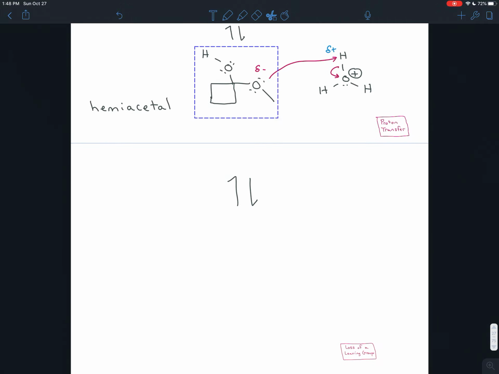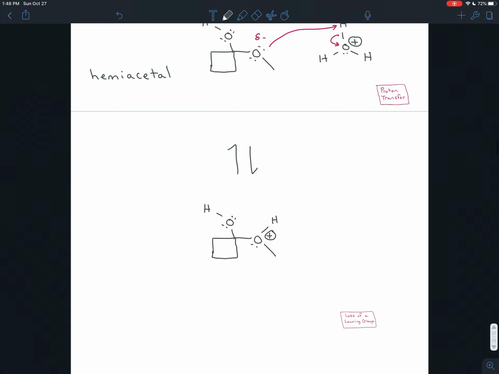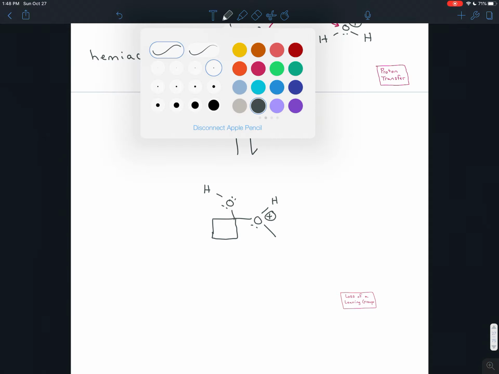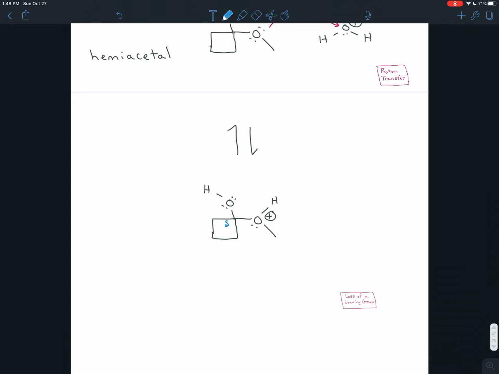And so that gives us basically the same molecule we had before, but with another hydrogen on it. So instead of those lone pairs, you'd have a hydrogen there. Now that oxygen will have a full positive charge because it has 3 bonds. Well, now that's an awesome leaving group, and so all it needs is the smallest nudge, and it will pop off the molecule.